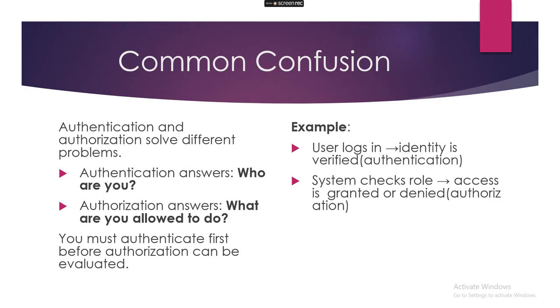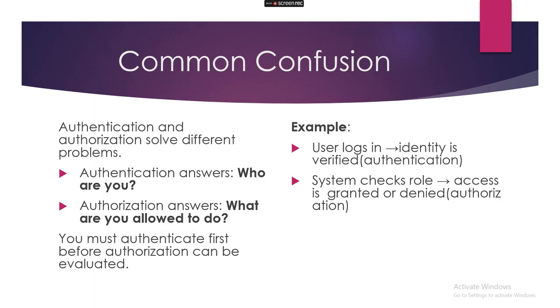Common confusion. Authentication and authorization solve different problems, right? Often they work together, but authentication answers who are you, while authorization answers what are you allowed to do in that system. You must authenticate first before you can authorize. Example, a user can log in, the identity is verified.